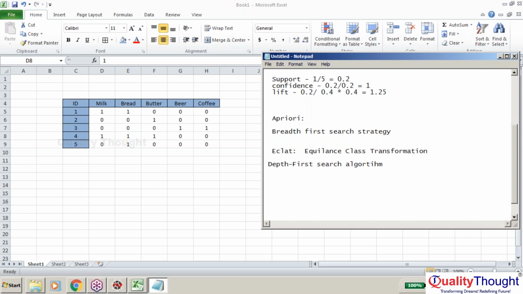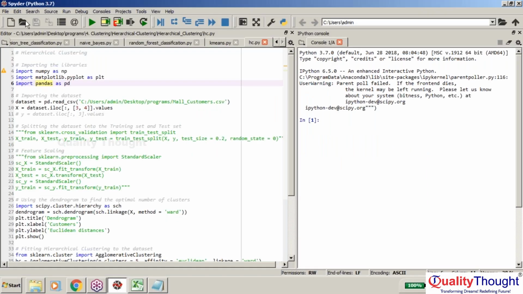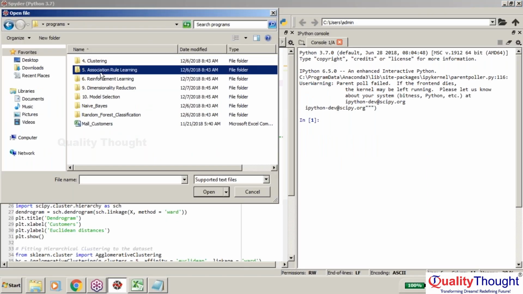So now let us try understanding these two algorithms by execution. Let me open something relevant to association rule learning.